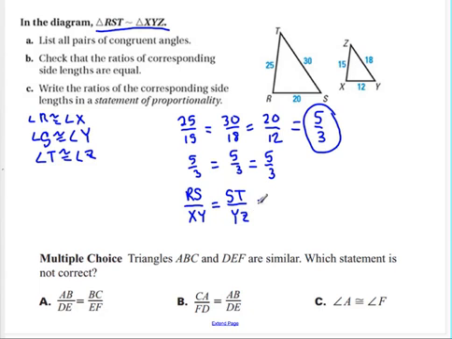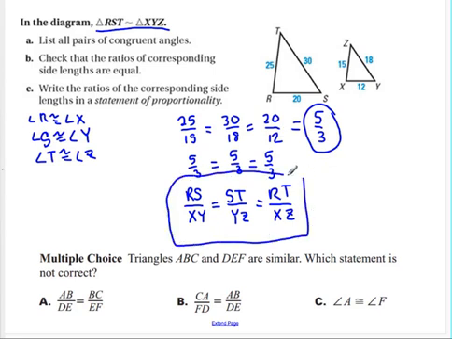And finally, the first and last, RT divided by XZ. If you notice, this should be pretty similar to what I wrote up here. All I was doing was comparing side lengths as I went along. So this is our statement of proportionality. It's basically the general form from the similarity statement. You're writing the ratio of the side lengths separately, each one of the side lengths.